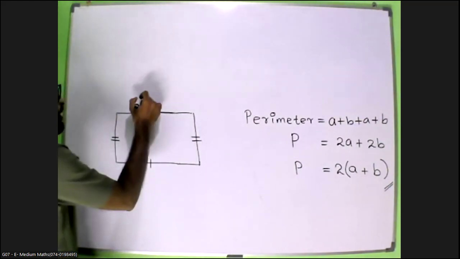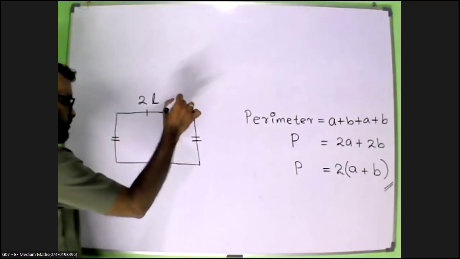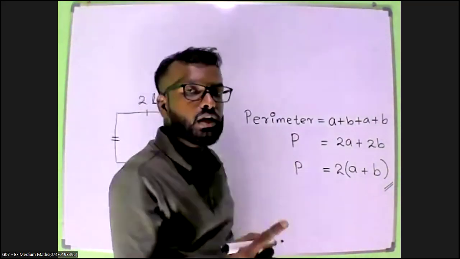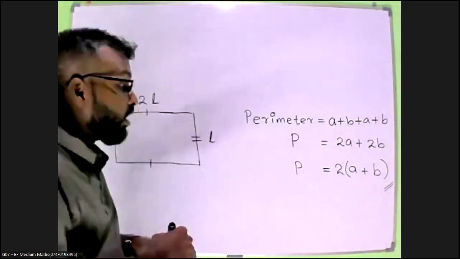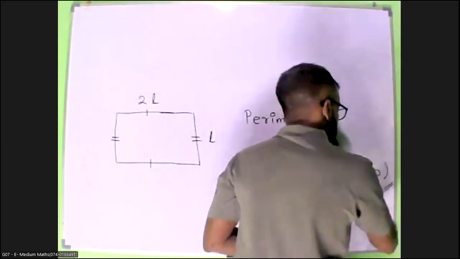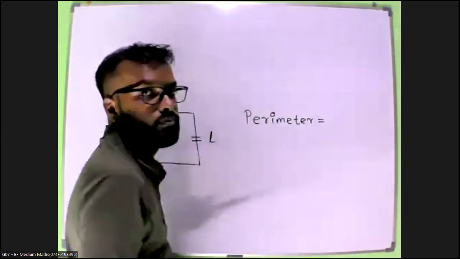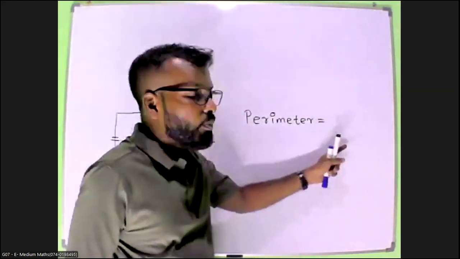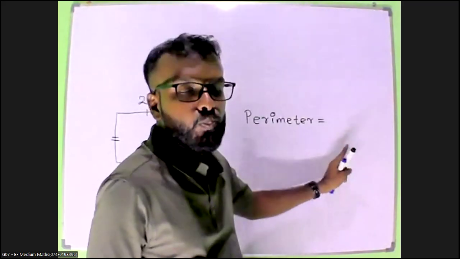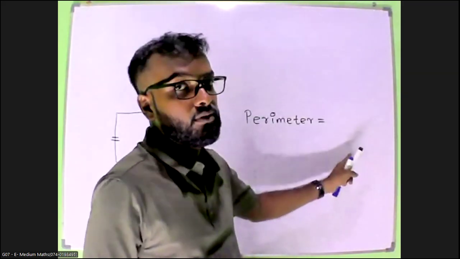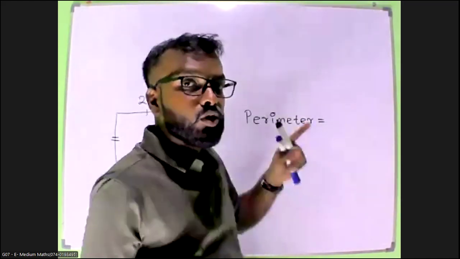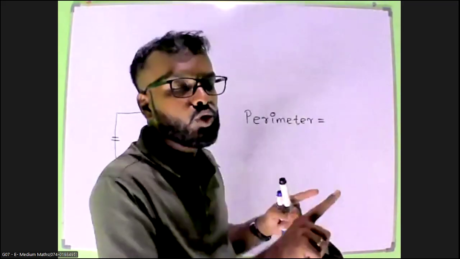Length is 2L, breadth is L. How do we write the perimeter? As we obtained in the previous one, 2 times length plus 2 times breadth is equal to the perimeter of a rectangle.